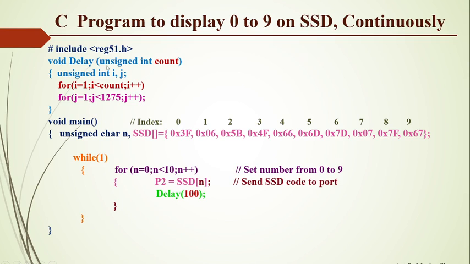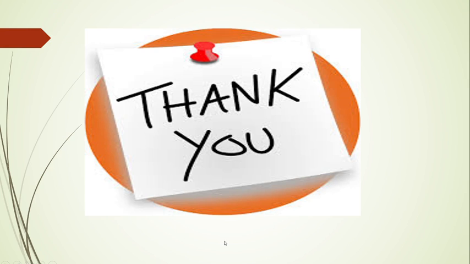In this way we can generate the delay. So all the digits from 0 to 9 will be displayed on the SSD, and this will go on continuously as we are using the while loop. Thank you.